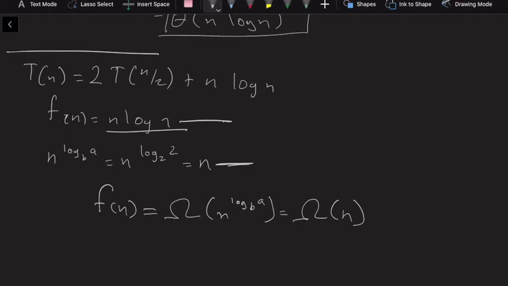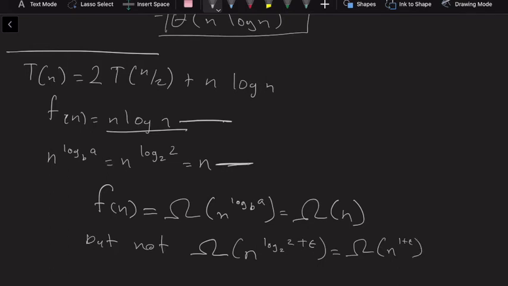Now the big issue here is that n log n is lower bounded by n, but it's not lower bounded by n^(log base 2 of 2 plus some epsilon), which means it's not lower bounded by n^(1 plus some epsilon). Why?